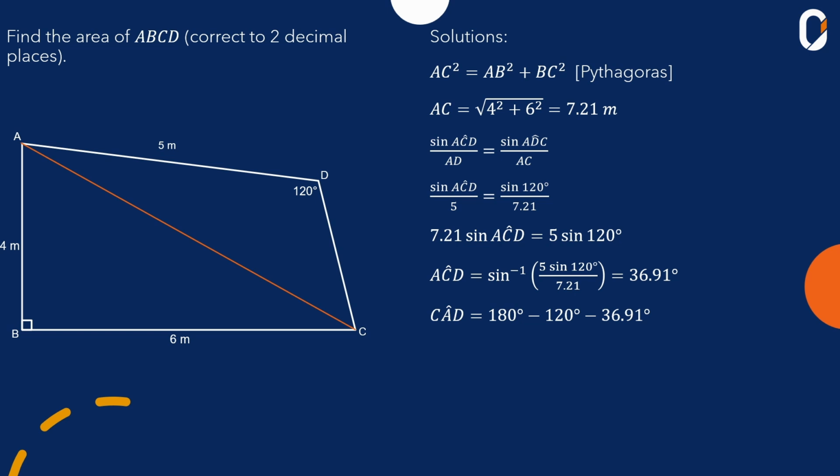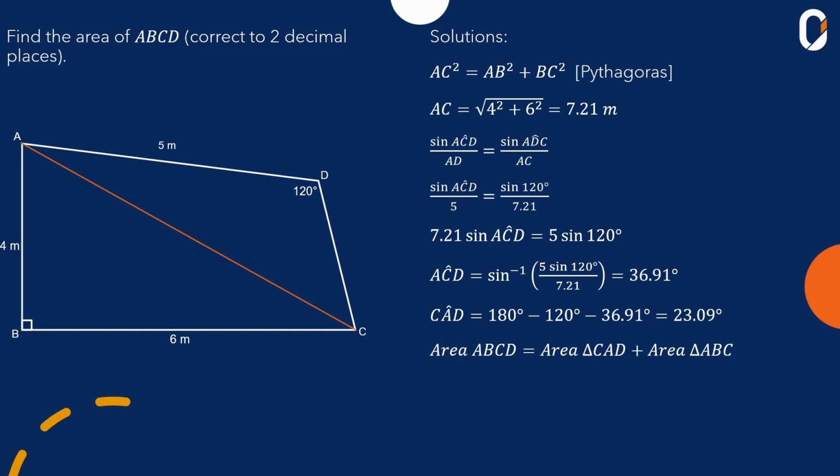I'm going to say angle CAD is equal to 180 degrees minus 120 degrees minus 36.91 degrees. That is because of the sum of angles inside a triangle ADC. And that will give me an angle CAD of 23.09 degrees. Now I know the internal angles of triangle ACD, and hence I can work with it more easily.